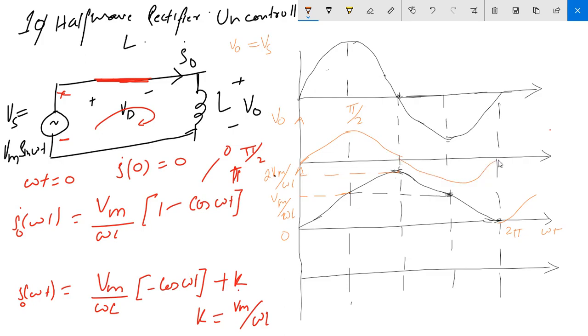So it will have both cycles, positive half as well as negative half, because the diode is continuously on, so it won't turn off for the next cycle also.